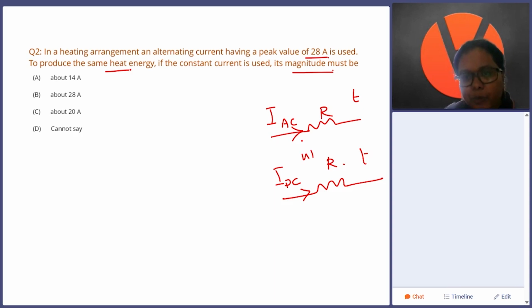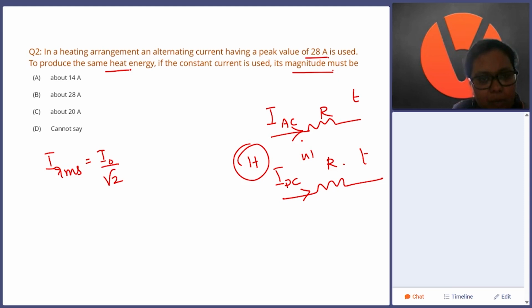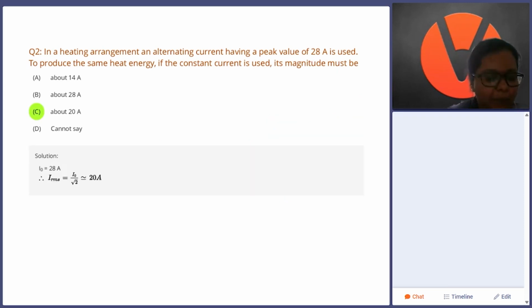So the heat energy produced would be equal. Then we will call this the RMS value of the alternating current. So to produce the same heat energy, I'm just going with the RMS value. So IRMS is equal to I naught by root 2, right? The peak value they mention here is 28, divided by root 2. So after the calculation, the answer is about 20 ampere approximately.